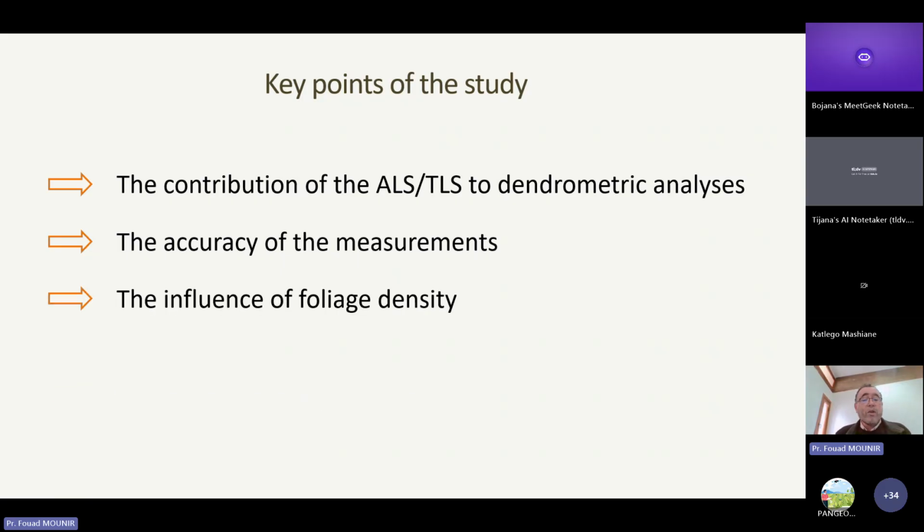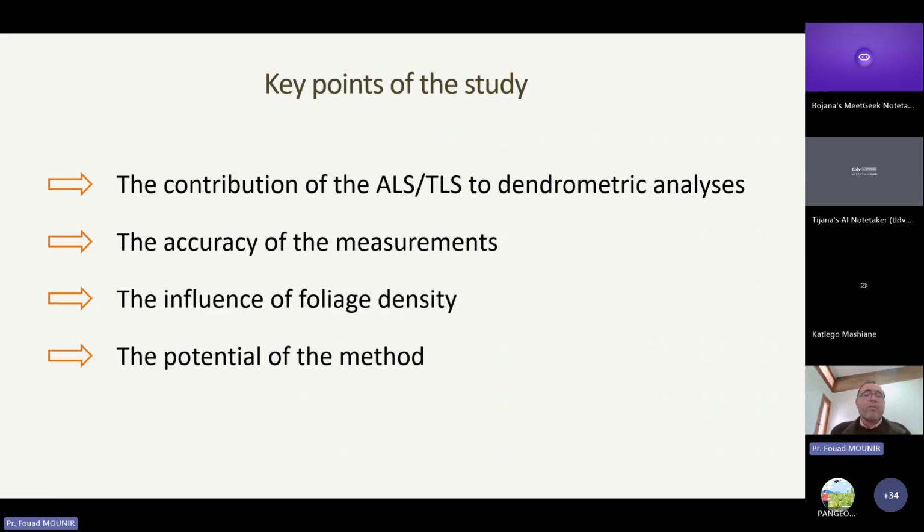The influence of foliage density can sometimes affect the accuracy, because the LiDAR signal can suffer from the complexity of penetration into the stand. These methods are very promising because they take less time in the field, and they are less expensive than data based mainly on field processes.